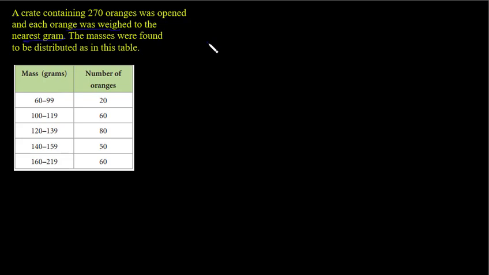So any orange which is greater than or equal to 59.5 will be rounded up to 60. Any orange which is smaller than 99.5 is rounded to 99. So for the next class, any one which is greater than or equal to 99.5 will be rounded up to 100.